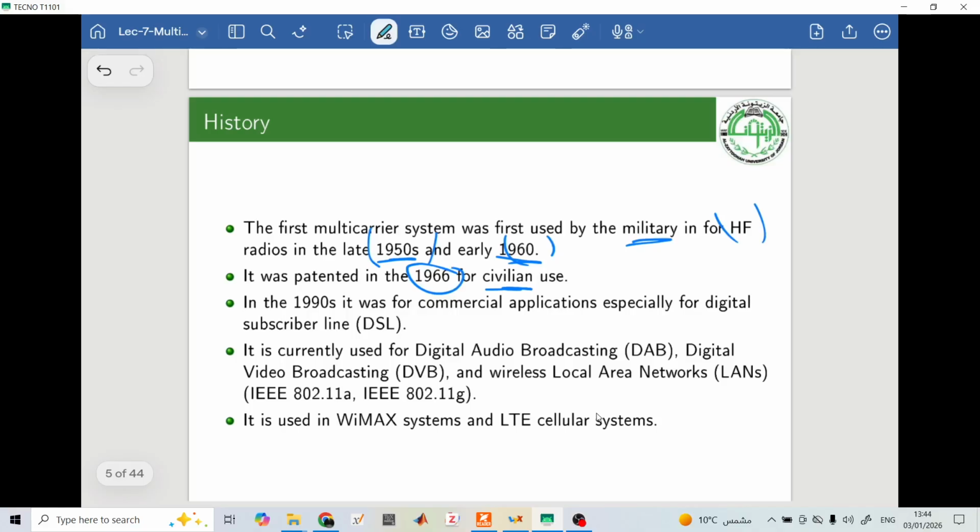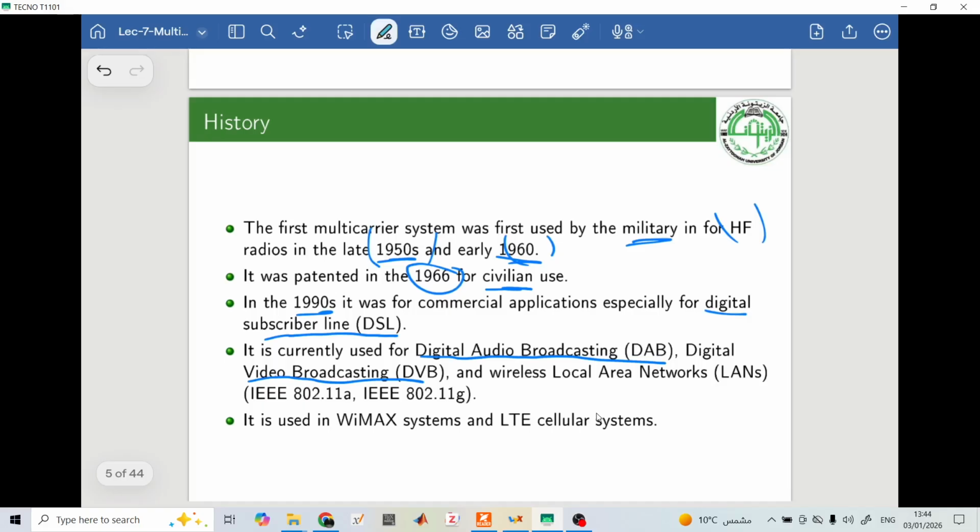In the 1990s, multi-carrier systems were used in wired communication, especially in digital subscriber line DSL systems that provided at that time high data rate. Also, it was used in digital audio broadcasting and digital video broadcasting, right?